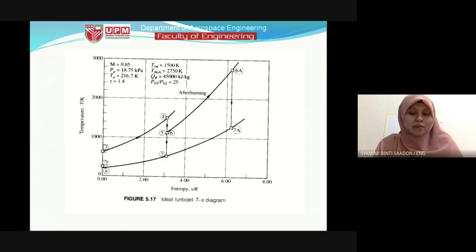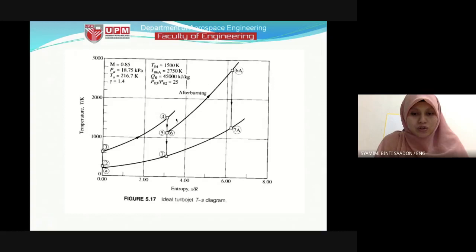Otherwise, if we don't have an afterburner, the point 5 and 6 are the same. So 6 goes to 7 in the exit nozzle. If we have afterburner, then 6A to 7A, the exit of the nozzle. A is for afterburner.